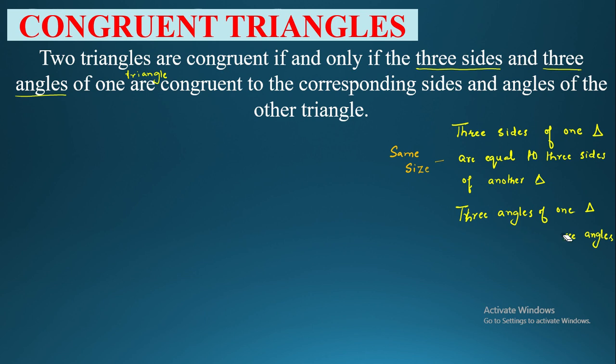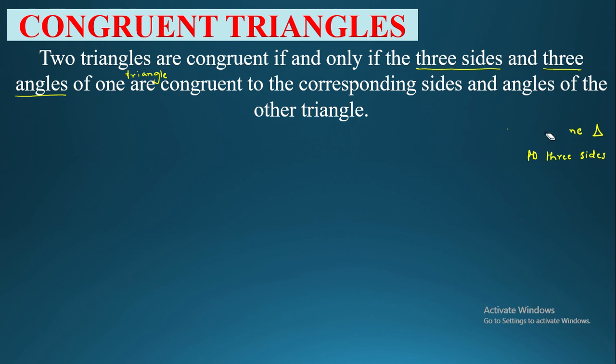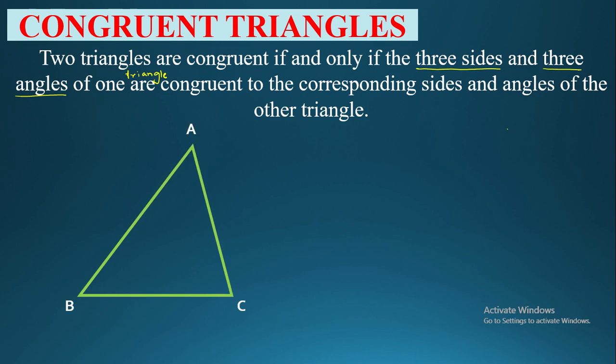So we saw here that two triangles are said to be congruent if three sides of one triangle are congruent to three sides of another triangle. Just like here, we have triangle ABC and triangle XYZ.